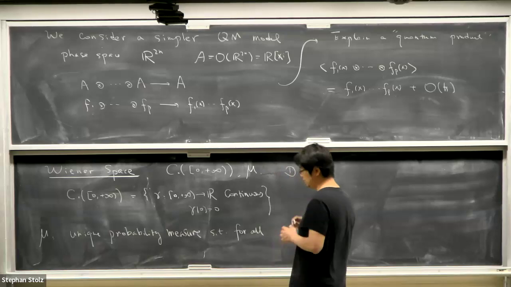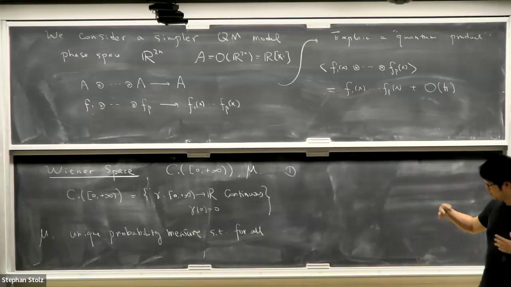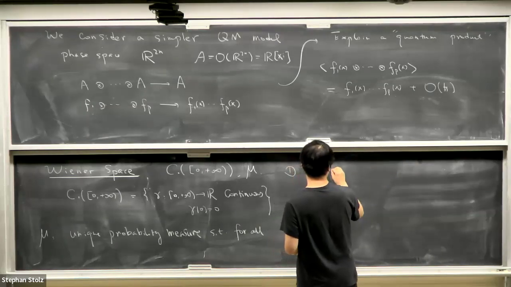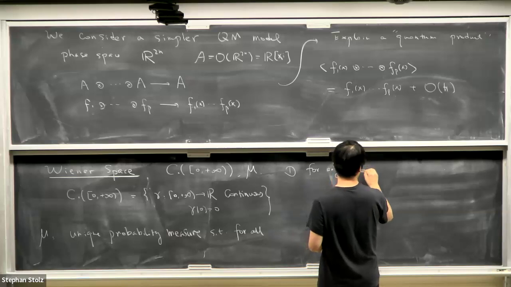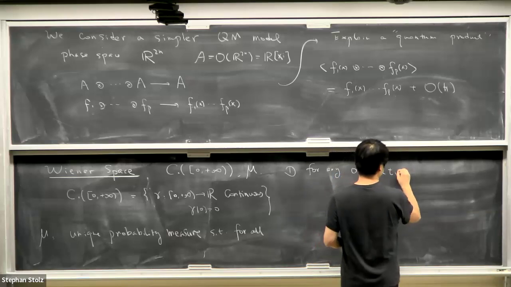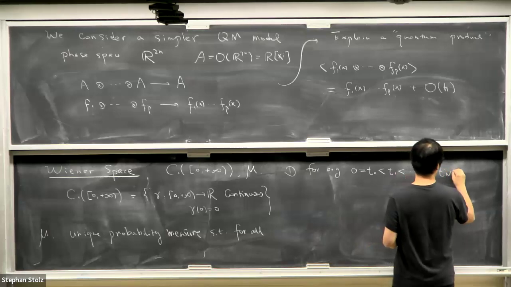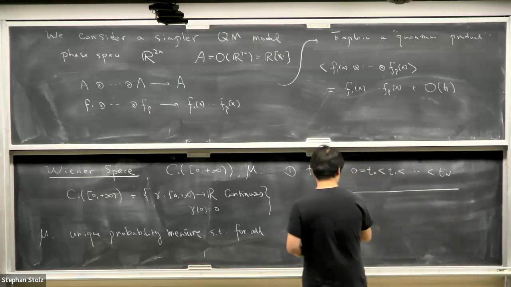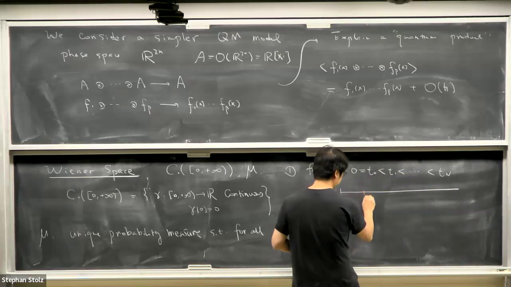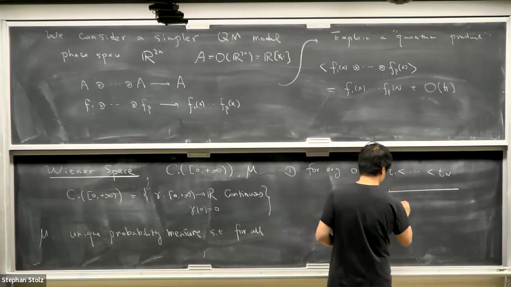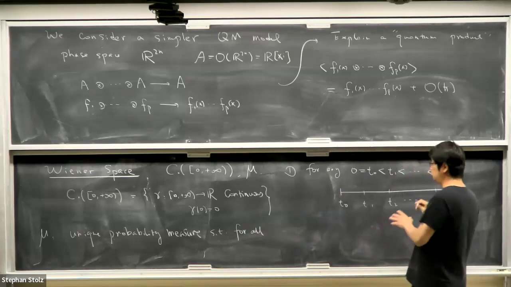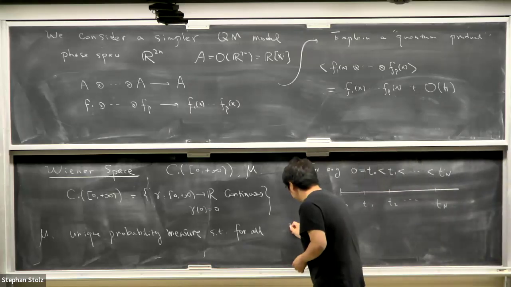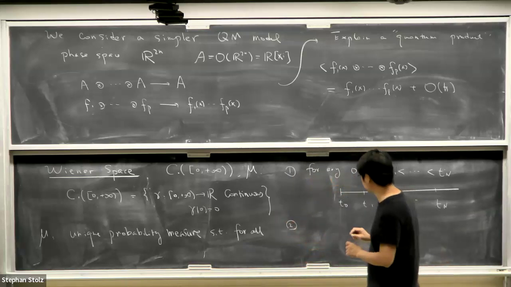For example, first you put some points on the interval, some finite points. Let's say this is t0, starting from 0, and there's some point here, t1, etc. Look at any finite set of points. You take any bounded measurable function.